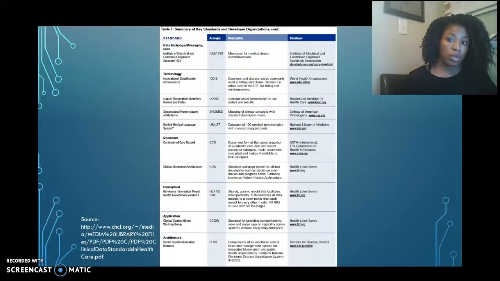Here on this slide, we see the standards previously mentioned listed there on the left, the description in the middle, and the developer on the right-hand side of the screen. There's a little bit more with data exchange messaging that's continued. Then we have the terminology, document standards, conceptual, application, and architecture.